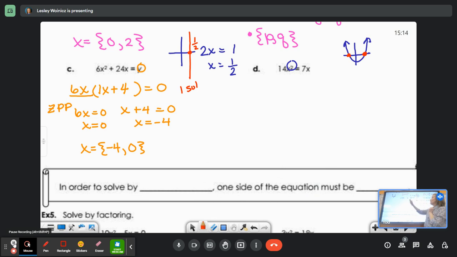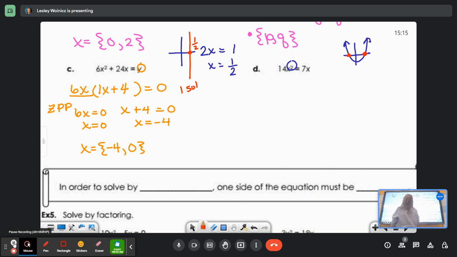So the problem with dividing both sides by 7x is that we lose one of our beautiful solution possibilities. So we're not allowed to divide both sides by x. We can divide both sides by 7, but we can't divide both sides by the x. That is strictly prohibited.